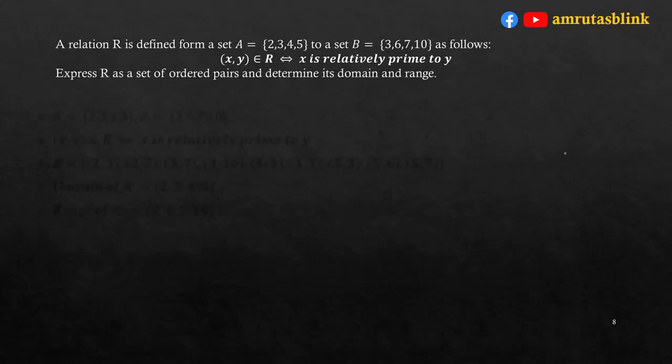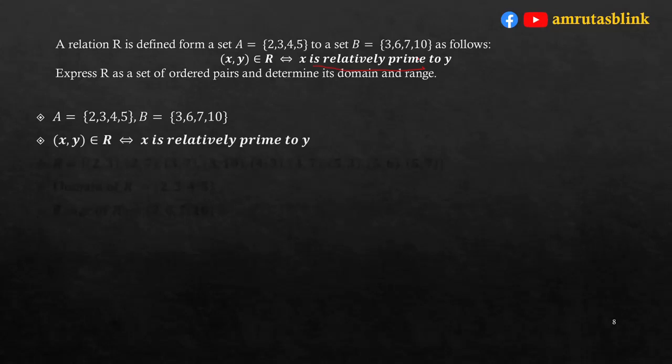That is the meaning of this concept, relatively prime. A = {2, 3, 4, 5} and B = {3, 6, 7, 10}, and it's given that x is relatively prime to y. That means x should not completely divide y; that is, y should not be completely divisible by x.